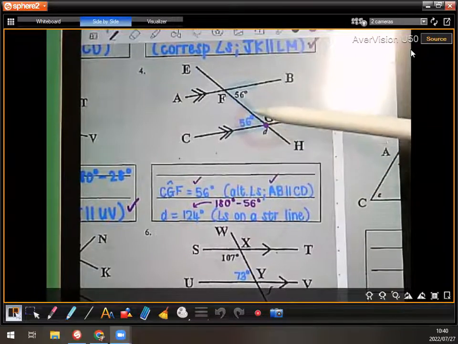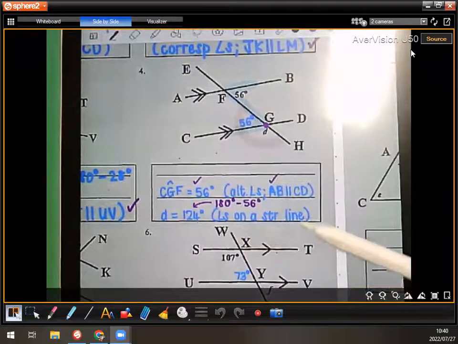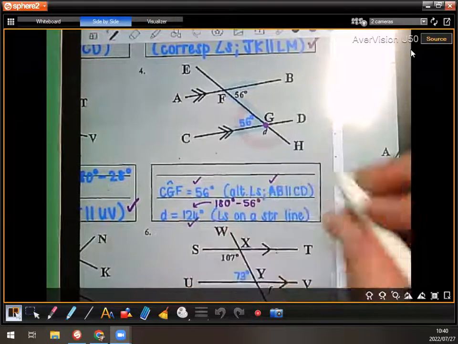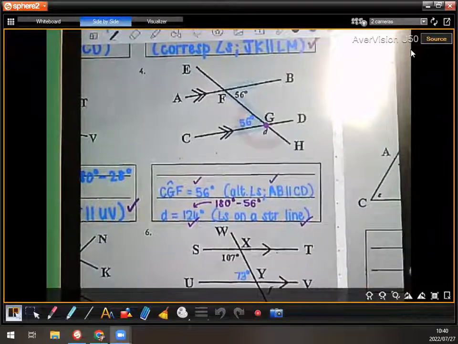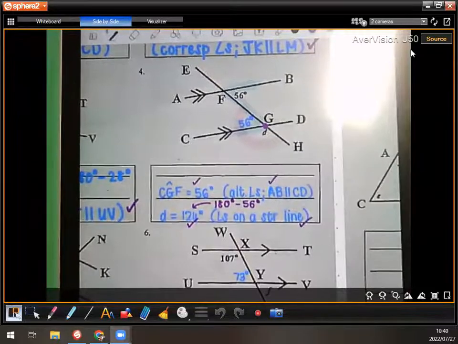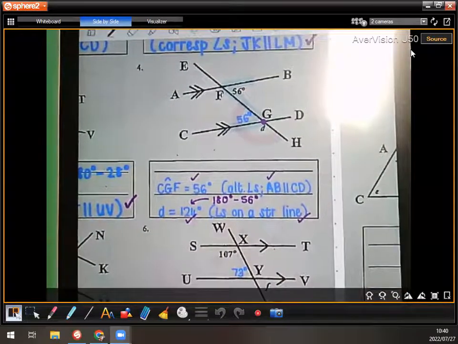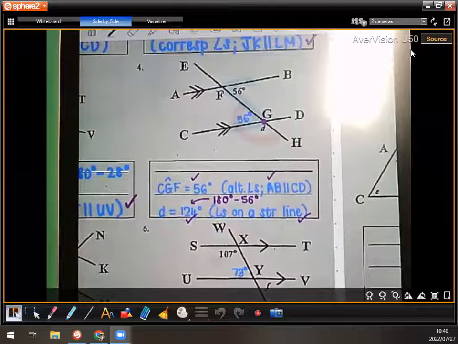So 180 minus 56 is going to give you angle D. Reason, angles on a straight line. 2 marks again. So a question like this would count 4 marks. So guys, in a test out of 50, which all your math tests are, that's 8% for this question. So very important. If you have in-between steps, you have to write your steps down.